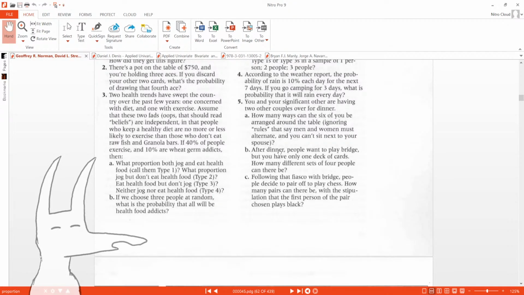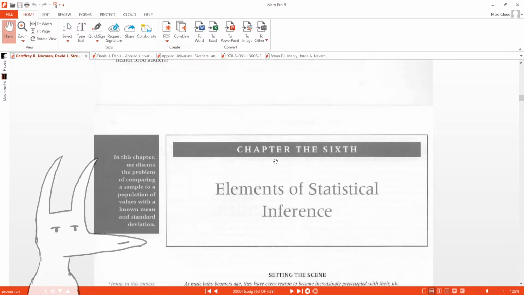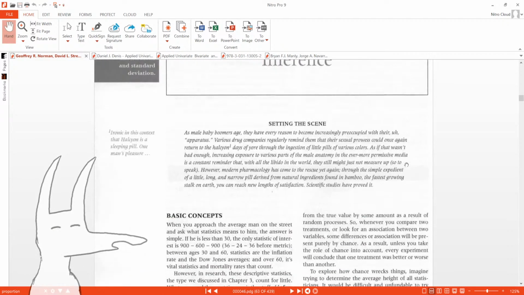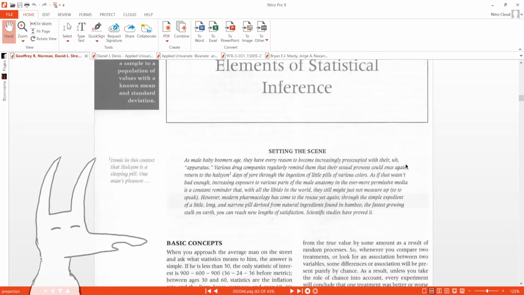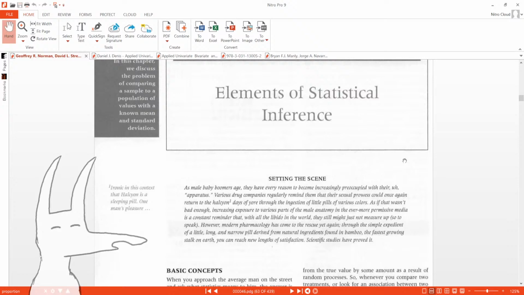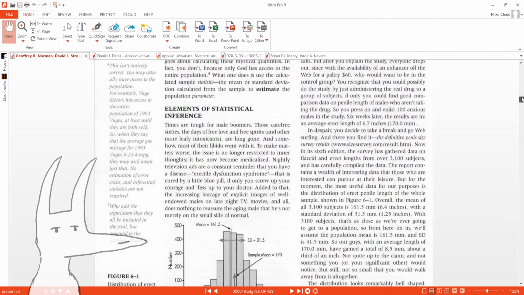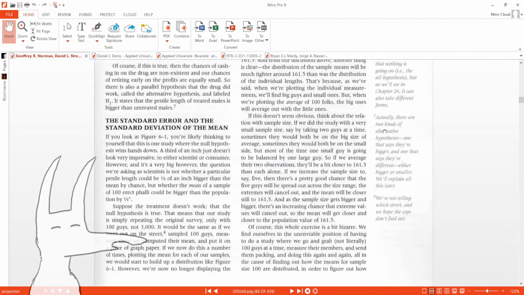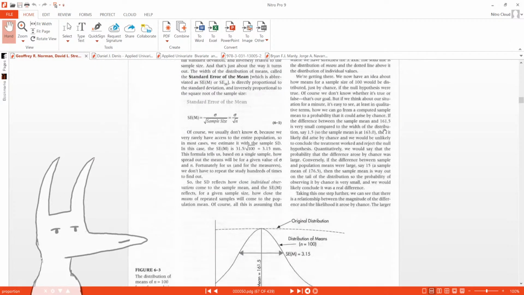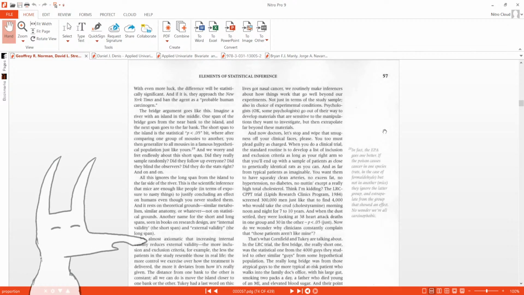Don't really feel like doing any of these. Anyways, now this is where the fun starts. Elements of statistical inference. But we'll save this for another time, because this is where the actual statistics are occurring.